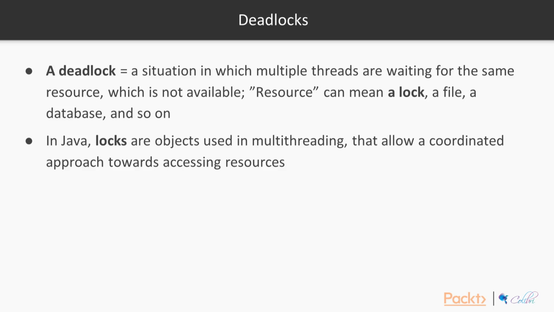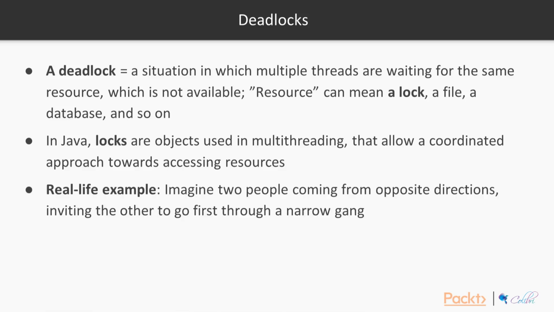However, bad design can result in the application getting stuck. Here is a real-life example, which you may find familiar. Imagine two people coming on a narrow corridor from different directions. If they are too polite and keep inviting each other to pass first, this can be described as a deadlock.